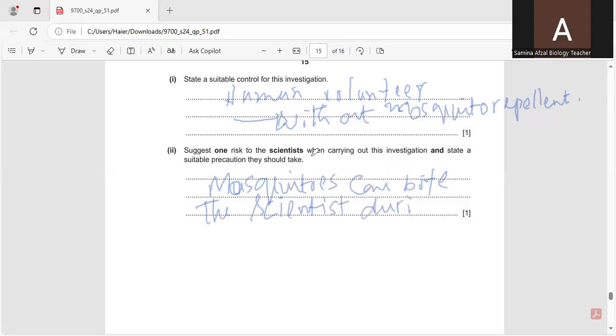Or any other factor: the scientist can inhale the mosquito repellent, so it can be dangerous for the life of the scientist.